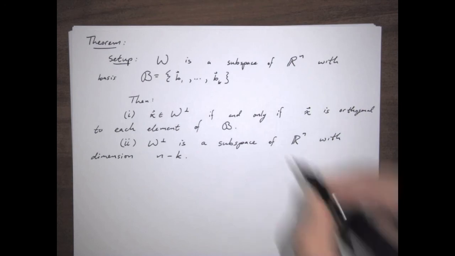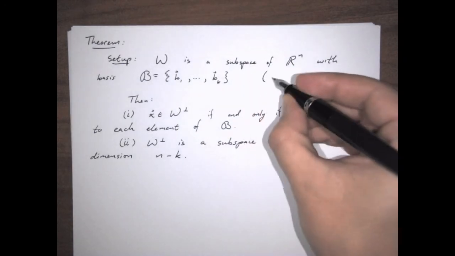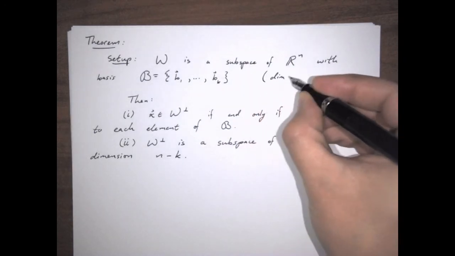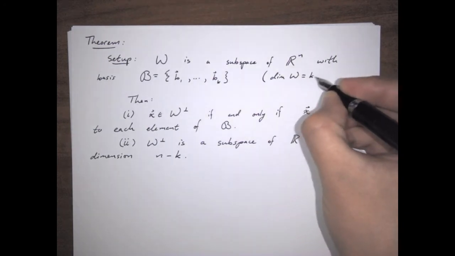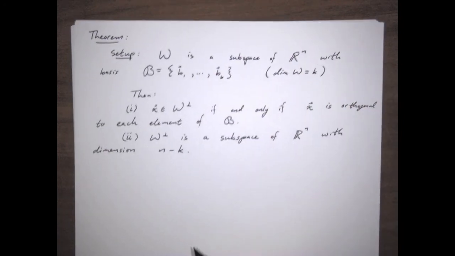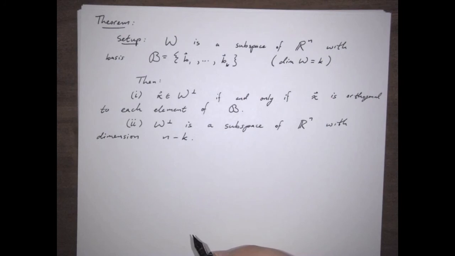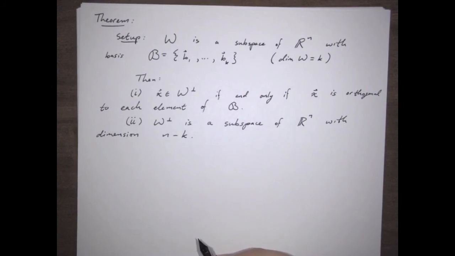So in other words, the dimension of W was k, so W perp is a subspace with dimension n minus k.